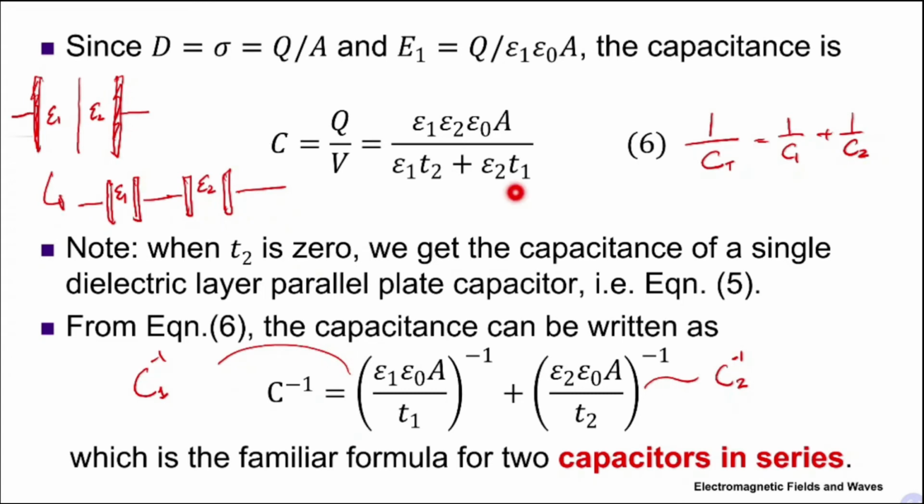Okay, my parallel plate capacitance, I have one layer, two layers, and that will be equivalent to having this one layer as a parallel plate capacitor on its own, connected in series to this layer, which is also a parallel plate capacitor on its own, and that works out to be the same thing.